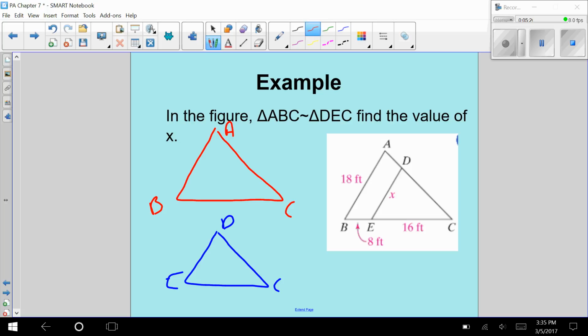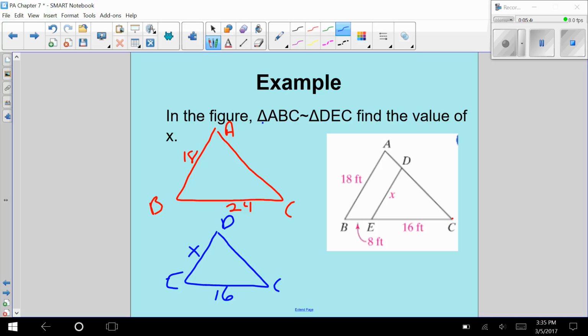We know side AB is 18 feet. We know side BC is 8 and 16, which is 24 feet. That's all we know about that one. We know side DE is X, so it's probably what we're going to find. And we know side EC is 16.